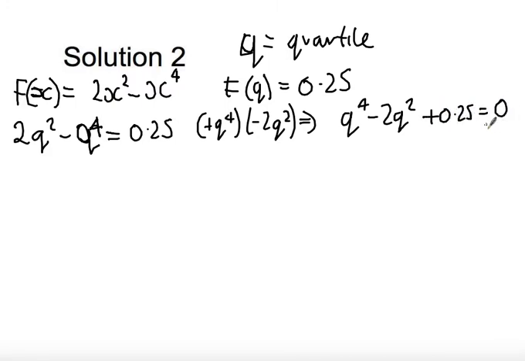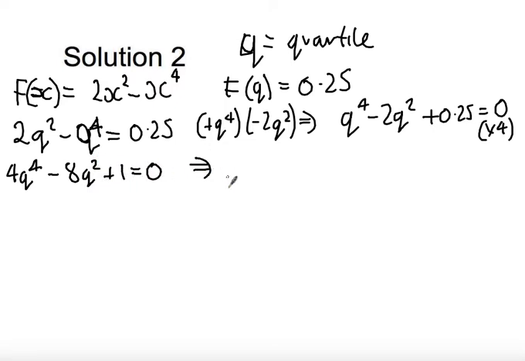In this equation, I'm going to multiply it all by 4 to get rid of the decimal. You can try and solve it from there, I just find it a little bit neater writing it into the quadratic formula as integers. But also, I want to check to see if I can factorize first of all. So I've got 4q to the power of 4 minus 8q squared plus 1 equal to 0.